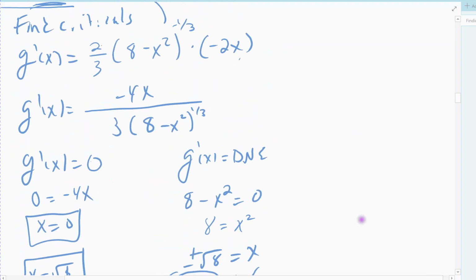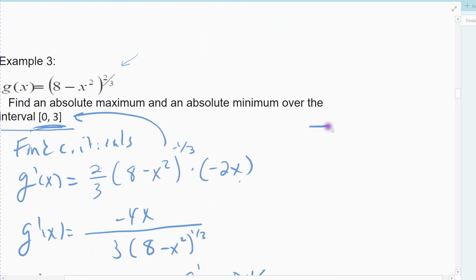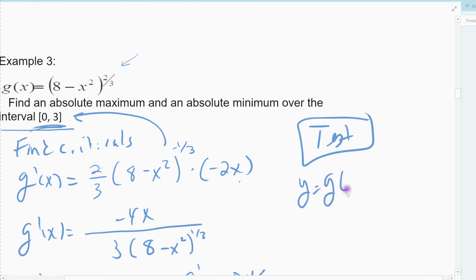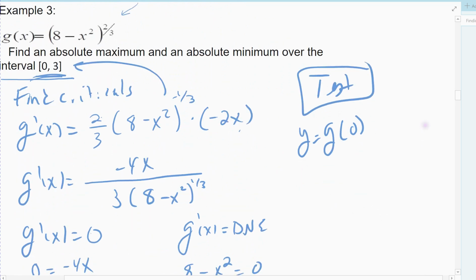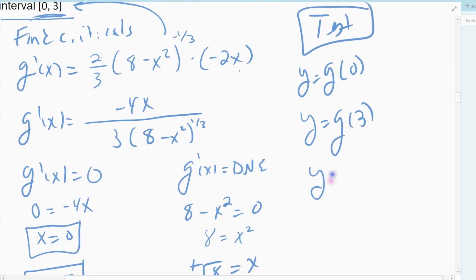All right, so remember the test. Somewhere between 0 and 3, I get a maximum. So I want to find the y value at the endpoint 0, at the endpoint 3, and at the one critical value I found between those endpoints, the positive square root of 8.